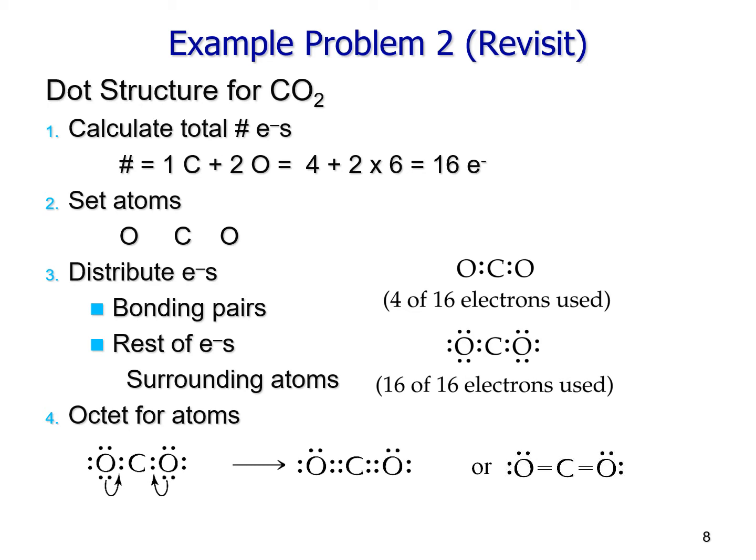Oxygen can have an octet by having 4 lone pair electrons, 2 pairs of lone pair electrons, and 4 bonding electrons. This is what we did for this example back in the first half of our lecture.